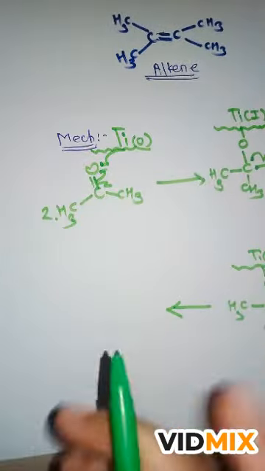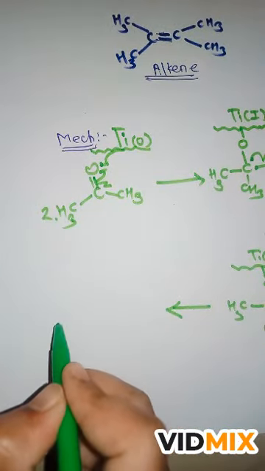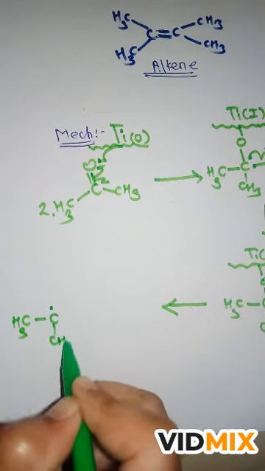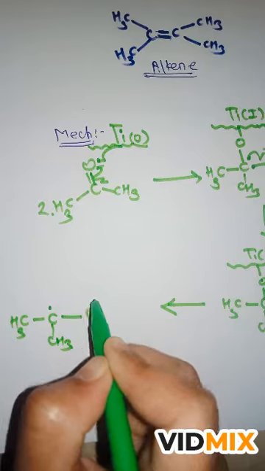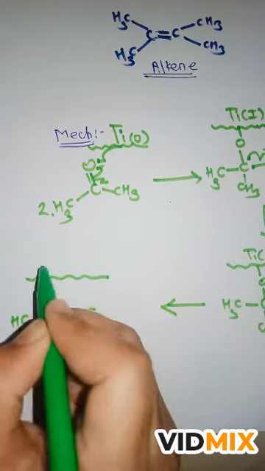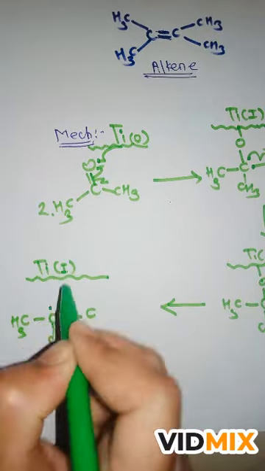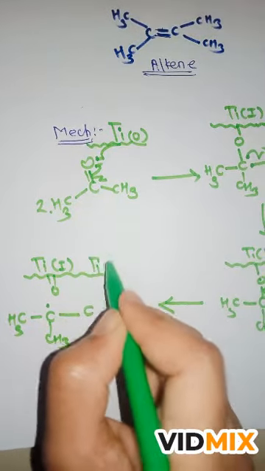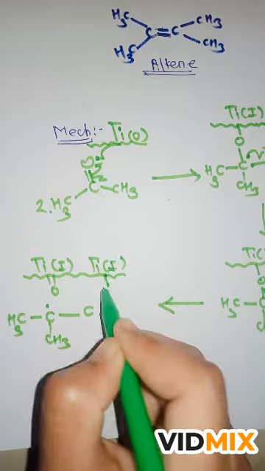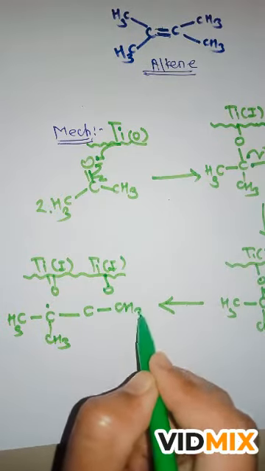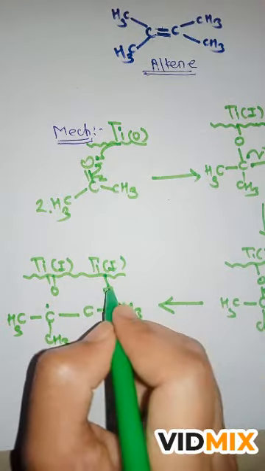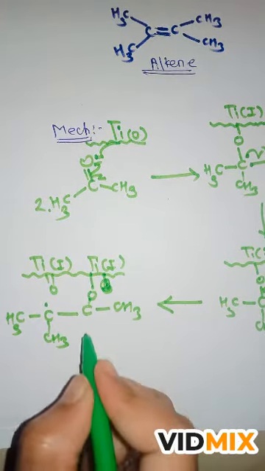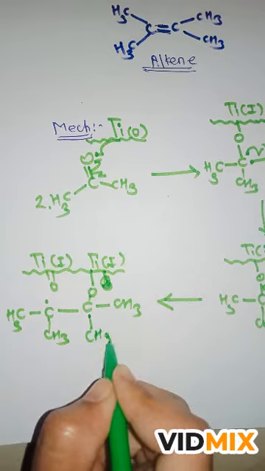So we write here C, this radical, CH3, CH3, C, this surface of titanium, Ti, double bond O, which is formed here, and this Ti is here, and this CH3, sorry, is like this, and this CH3.